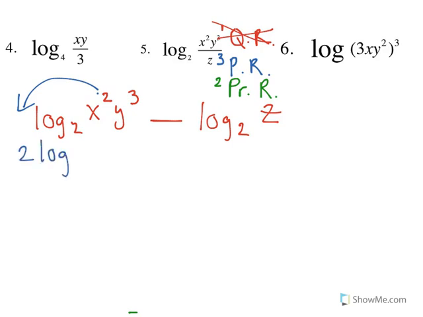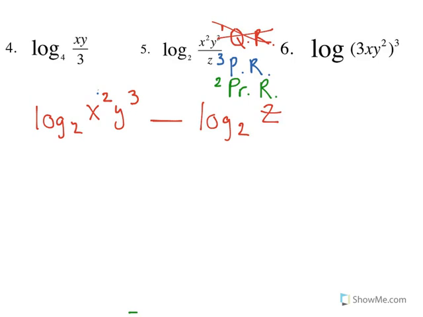This is what it would look like. So if you tried to put that back, that would actually be log base 2 of x squared y to the 6th. That's not going to work. That is wrong. We don't ever want to pull powers out front until they are completely isolated to their one term that they apply to.